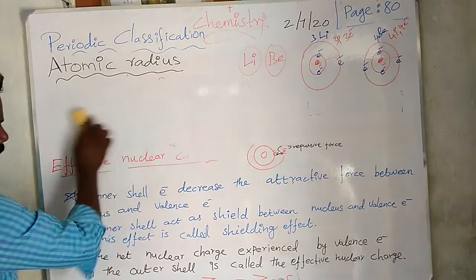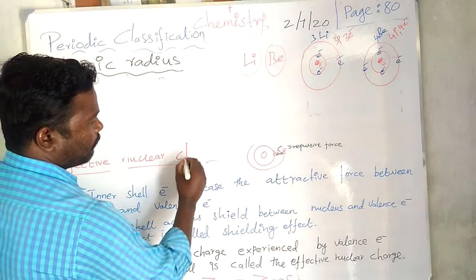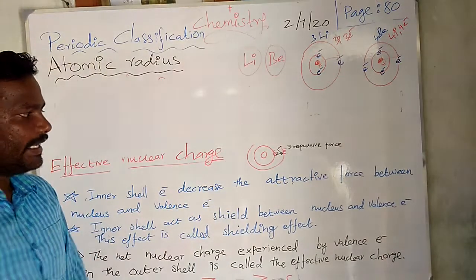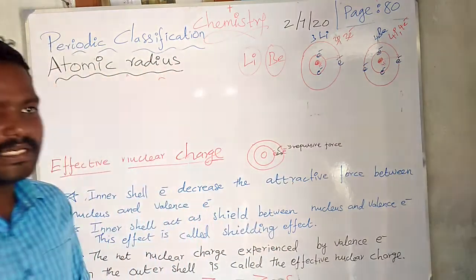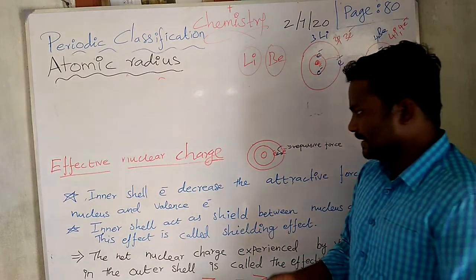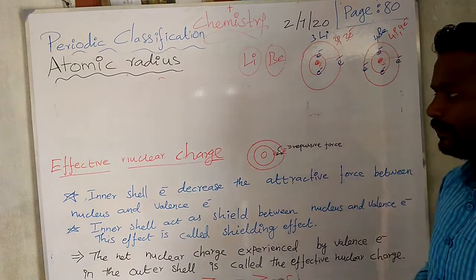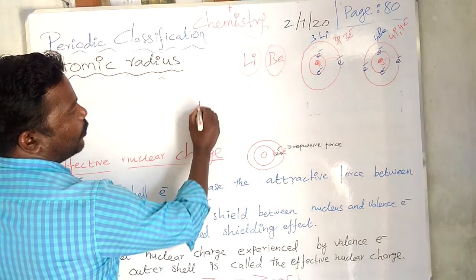If we go to a high atomic number, what will happen? It may have n number of cells. It may have more than 2 cells or 3 cells. When the number of cells increases, all the cells may be electron filled. For example, take sodium.